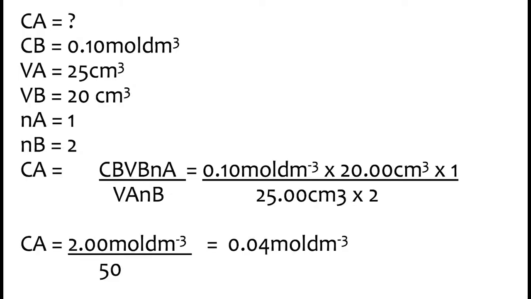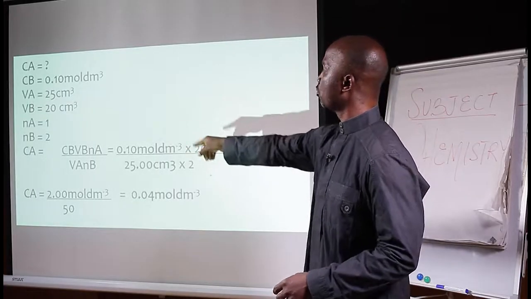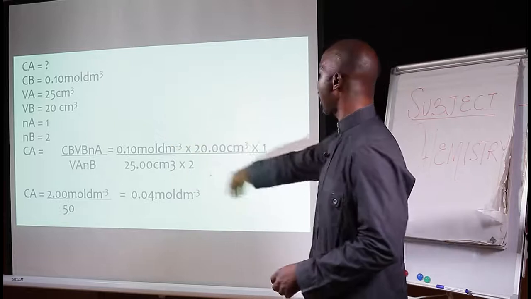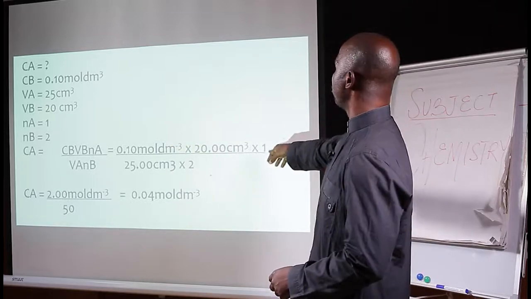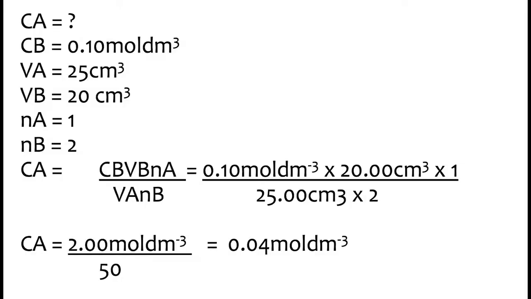What is left for you to do is to substitute appropriately. You pick CB to be 0.10 mole per dm cube from your parameters. You pick your VB to be 20 centimeter cube from your parameters, and you multiply by the mole ratio of acid NA, which is 1, all over VA, which is 25 centimeter cube, multiplied by 2.